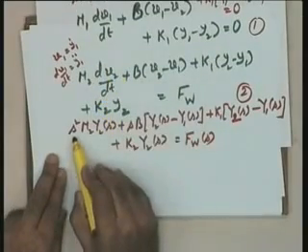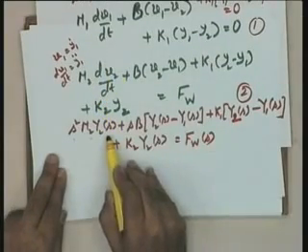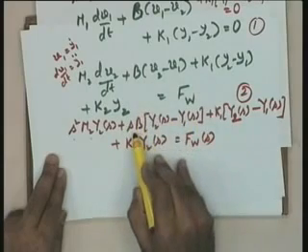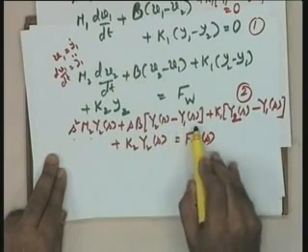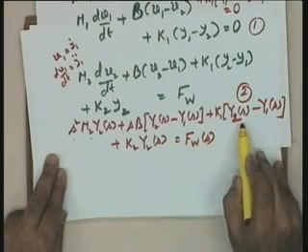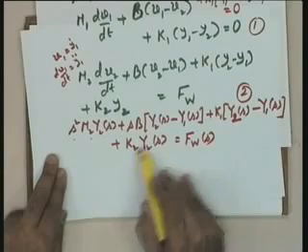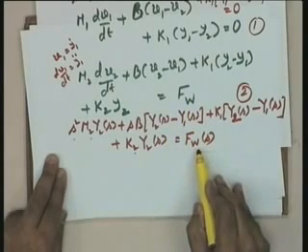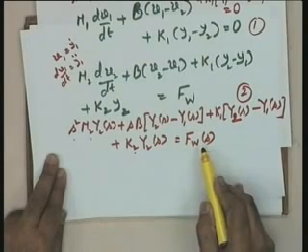Similarly, look at this equation. This component is y2 double dot, which gives me s squared m2 y2(s), plus s b (y2(s) minus y1(s)) which I have taken out, plus this term directly coming, there is no derivative involved, and this is the Laplace transform of the disturbance variable.